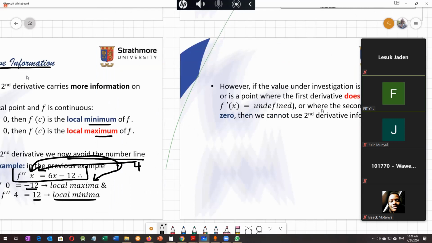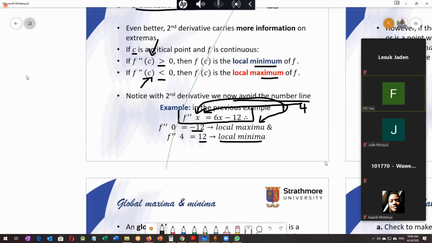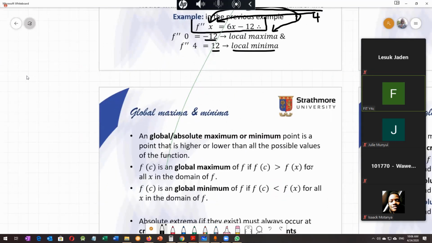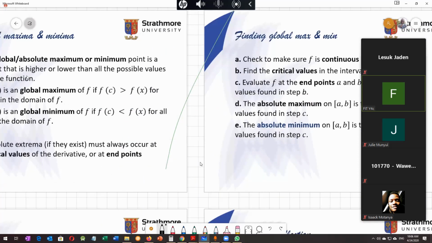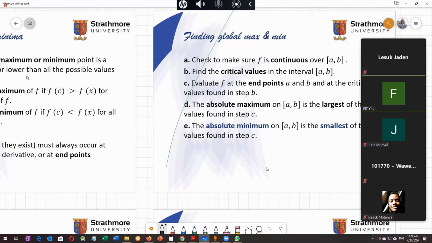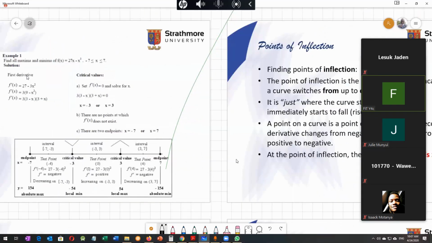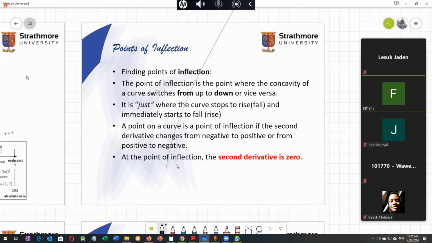Fine. So read where we can't use second order derivative. And then finally, how to get the global maxima and minima. These ones you can now revise as you go through more examples here. And the very final one here is how to find the points of inflection.